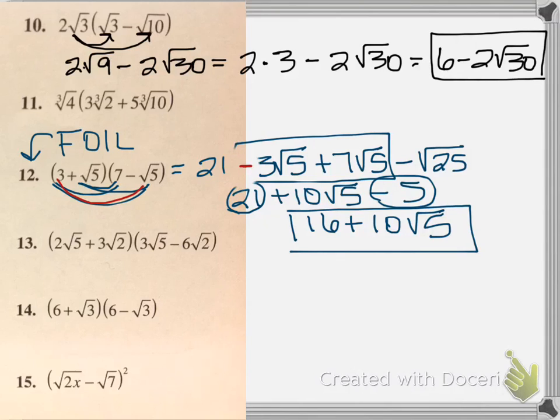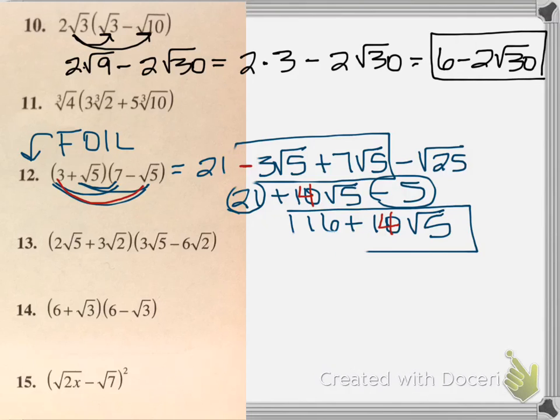So now when I combine those, what that's going to change in my problem is instead of 10 square root 5, that's a negative 3 and a 7. That should have been a 4, which means this should have been a 4.